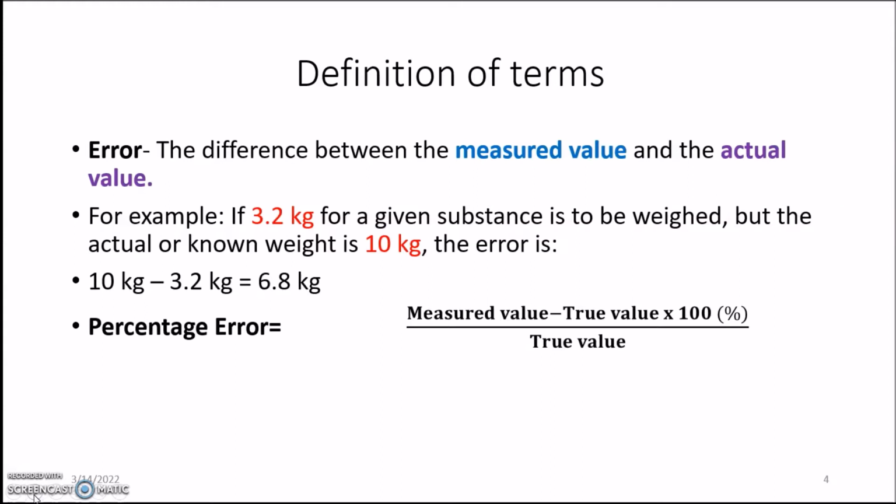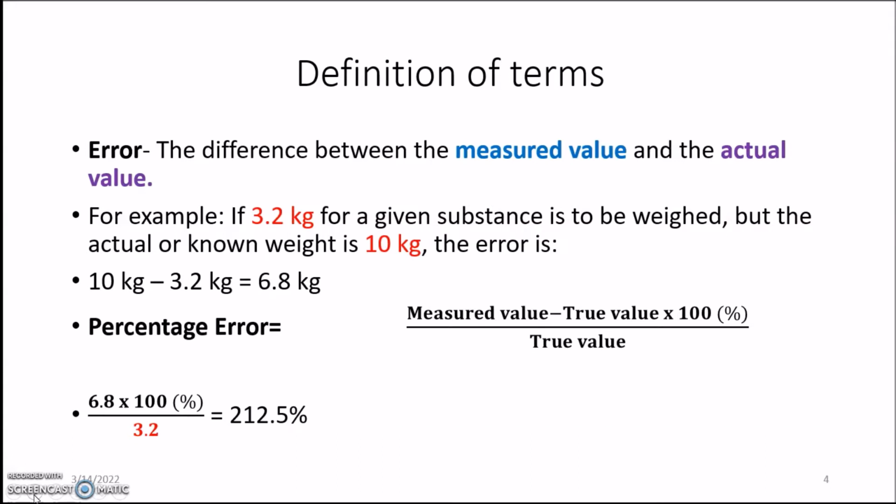Percentage error, on the other hand, is the measured value minus the true value, divided by the true value, multiplied by 100%. So if we were to determine the percentage error for the weighing that we did here, it would be 6.8 times 100% divided by 3.2, and that will give you an error of 212.5%.